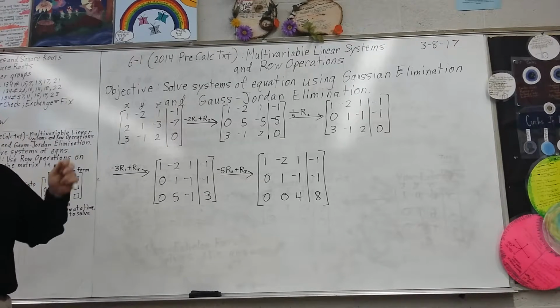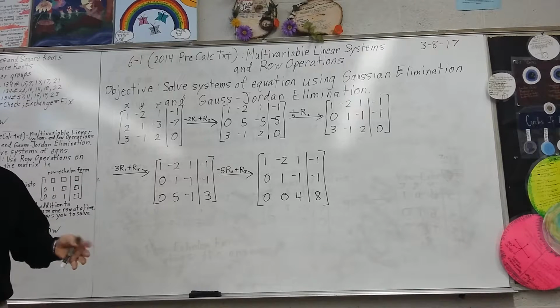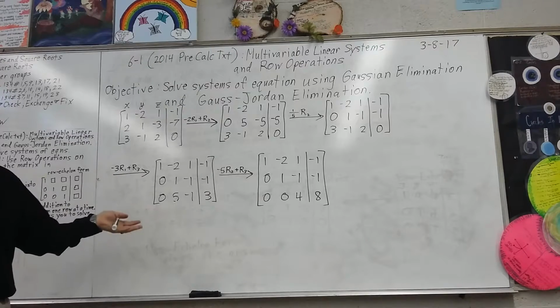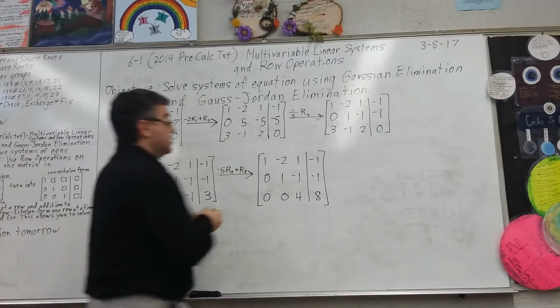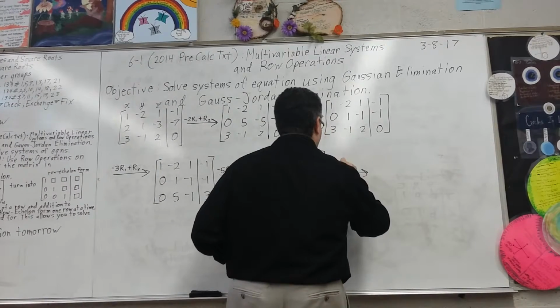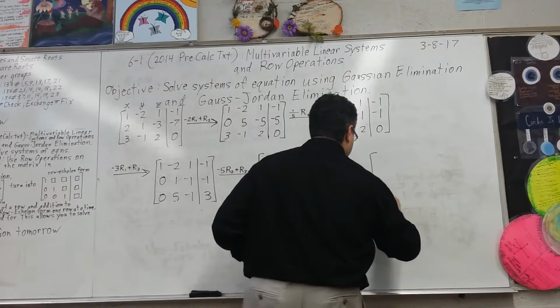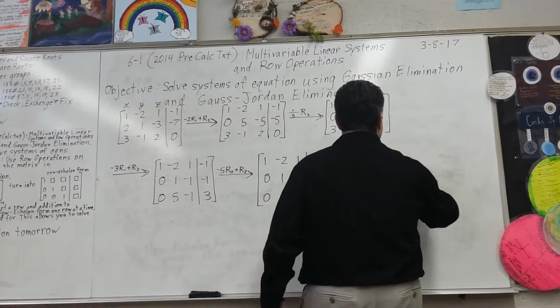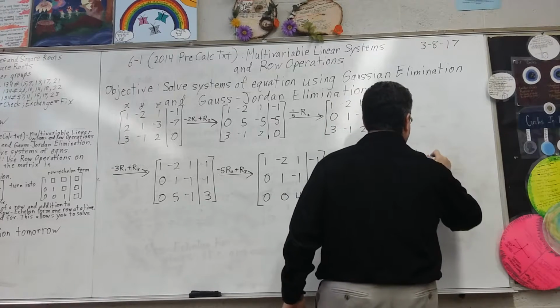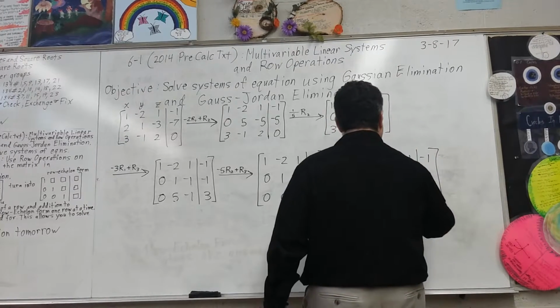And we have almost produced row echelon form. What's left? The 4 needs to be a 1. How do you do that? Multiply by 1/4. So let's do 1/4 times row 3. The first 2 rows stay as they are because they're the way we want them.